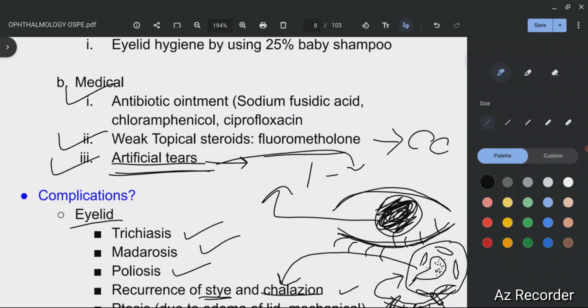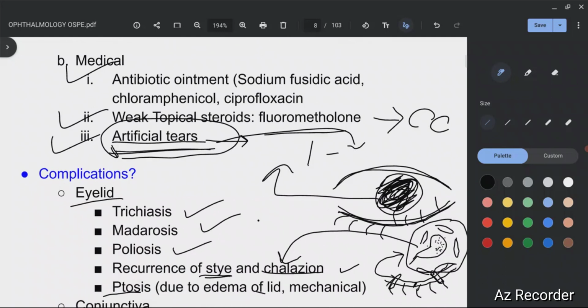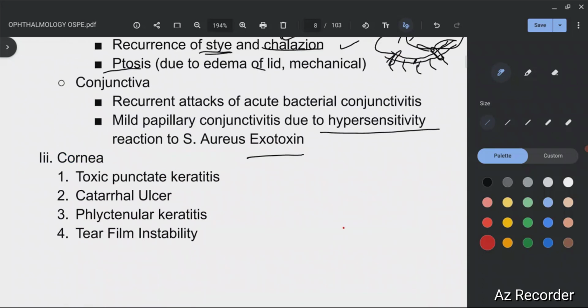Number one thing is because you have disruption of your tear film, and to maintain the tear film, you are prescribing artificial tears. And the most important reason is that you have trichiasis over here. You have trichiasis, and these eyelashes are rubbing against your cornea. They are irritating your cornea, and they are going to cause corneal ulcer. So this is very important.